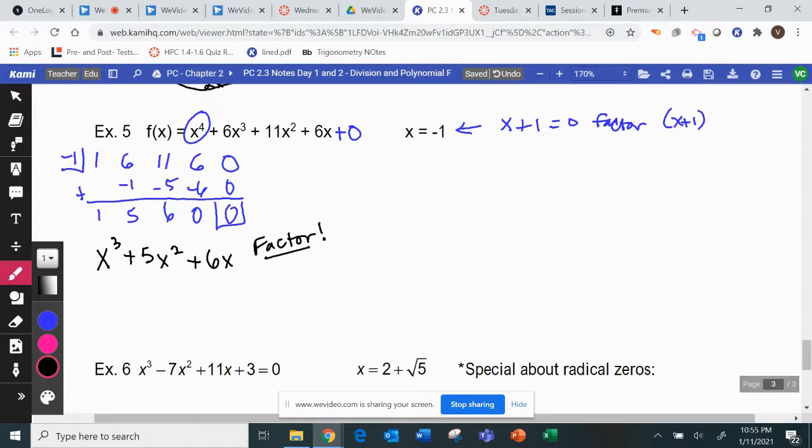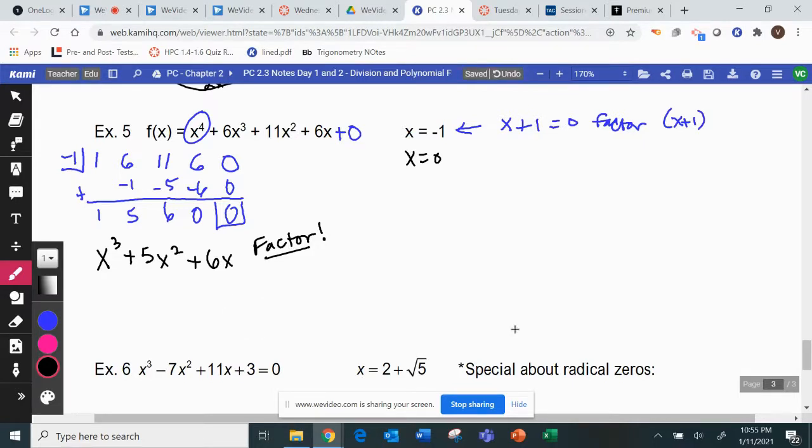Now, while I'm looking at this, I should have seen it earlier, but I didn't happen to notice it. So I could have done this in a little bit different order, but hopefully you notice when our first step of factoring, is there a GCF? There is a GCF of x. I could have taken that out earlier and said that x equals 0 and pulled that one out as well, but I didn't.